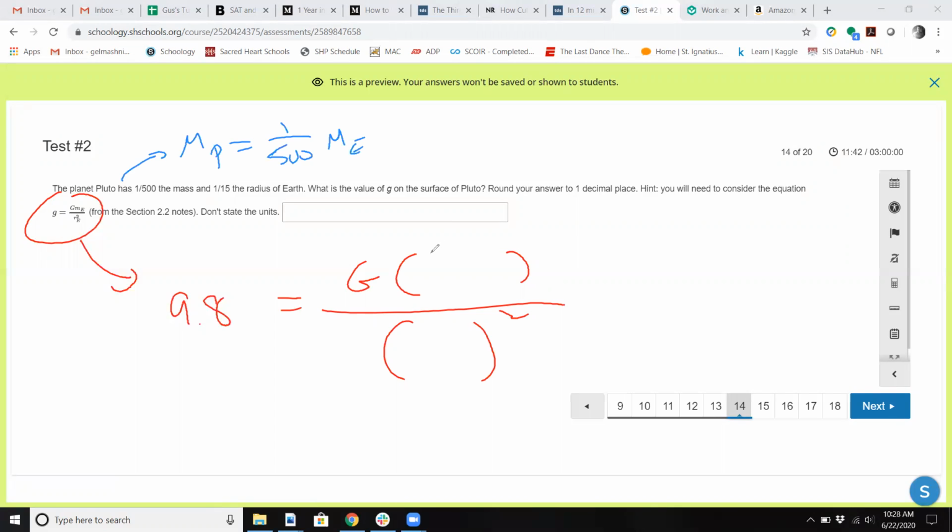So instead of doing the mass of Earth, I'm going to do 1/500th of M E, because what I'm really trying to do is get the gravity for Pluto. The gravity for Pluto is going to be the gravitational constant times the mass of Pluto over the radius of Pluto squared. And of course, the radius of Pluto is going to be 1/15th of the Earth's.